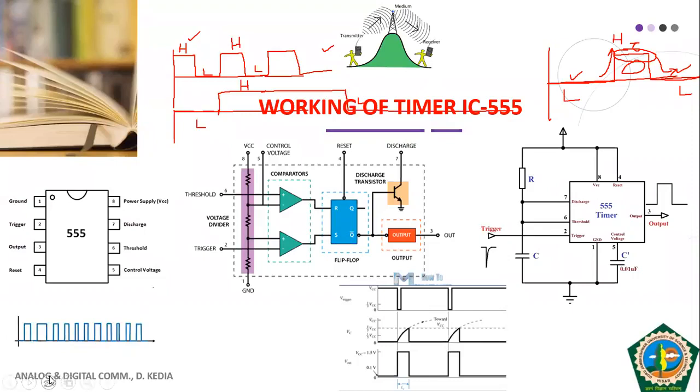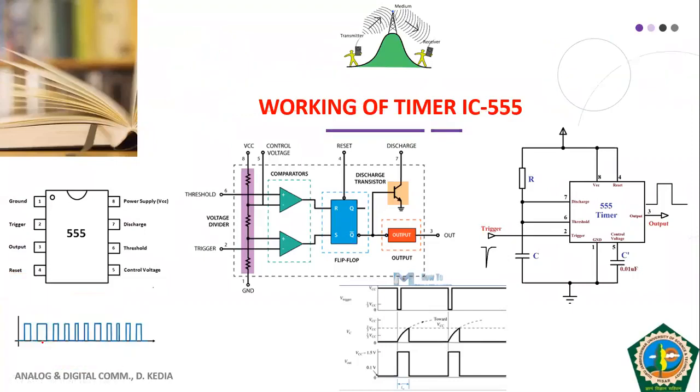So for the case of PWM signal generation, we will operate our timer IC555 in the monostable mode. So now let us see how our IC555 works and gives us monostable mode.